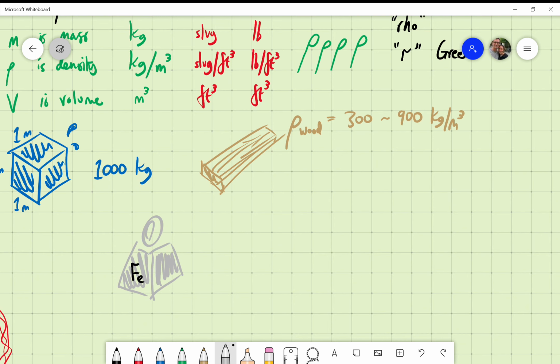I did write Fe, by the way, which is the chemical symbol for iron, because steel is mostly iron with carbon as the primary additive. You add carbon to iron, it becomes steel. That's why steel has been able to be made since, I think, the Middle Ages without too much difficulty. You can make it without a lot of technology. You can't make very good steel, but you can make steel.